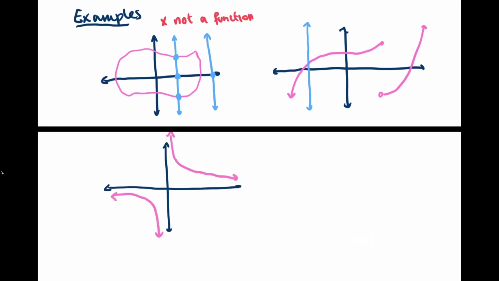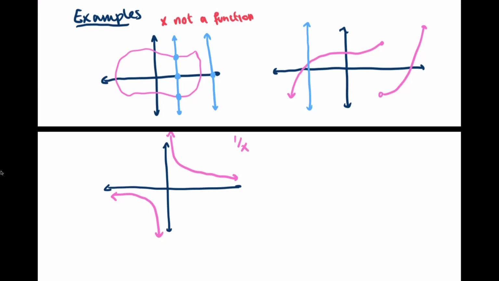So you've seen graphs like this before, right? Where the function is maybe not defined at x equals 0. So this is like 1 over x, right? So 1 over x is like the loophole. 1 over x is not a function from R to R. It's a function from R minus 0 to R.